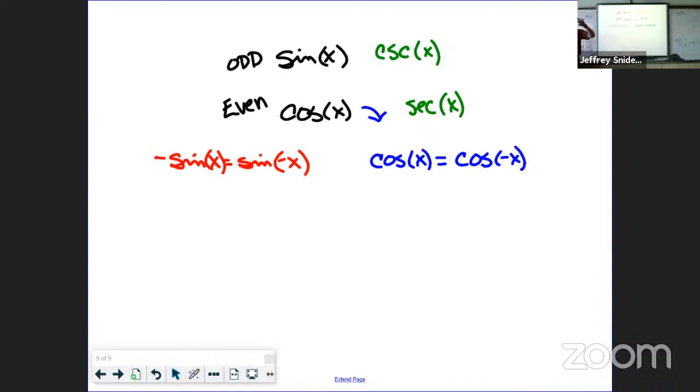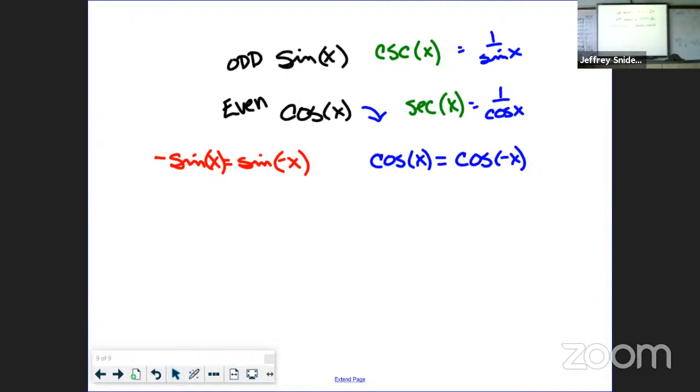You're just talking about the reciprocal identities? Yeah. So you're saying since I could write this as 1 over cosine of x, and this would be 1 over sine of x, it should make sense that that's going to be true? Well, you know what? Let's just find out. Let's graph them. We're going to look at the graphs and decide if that's true or not.